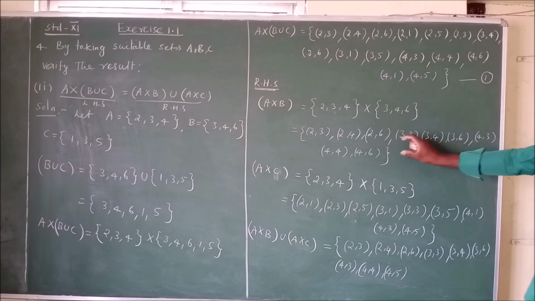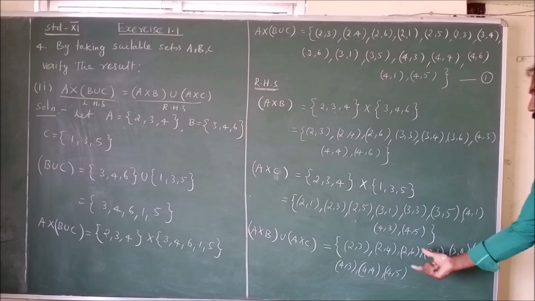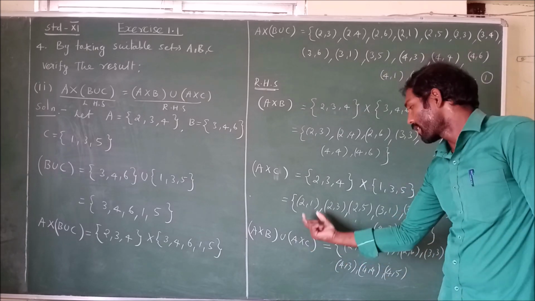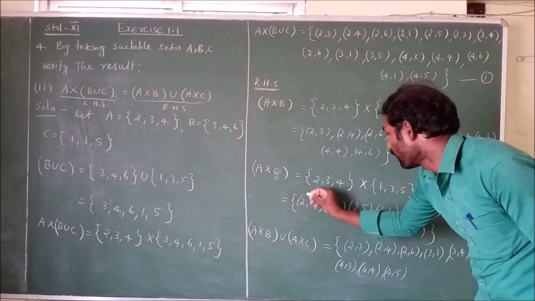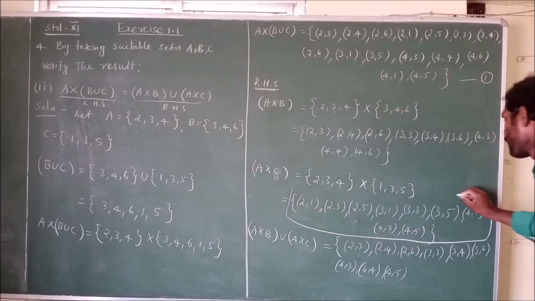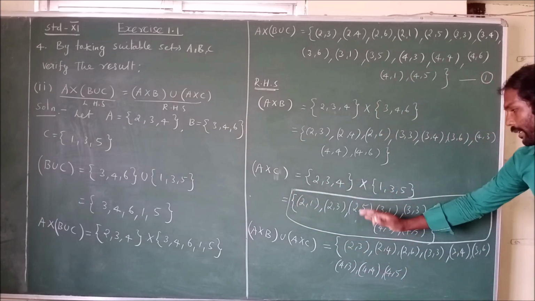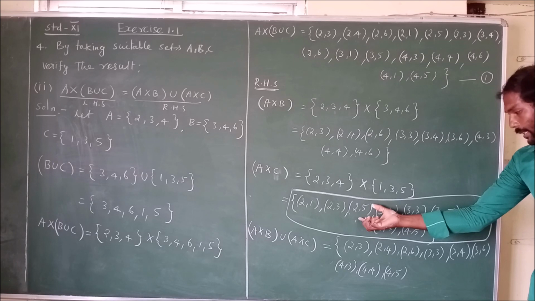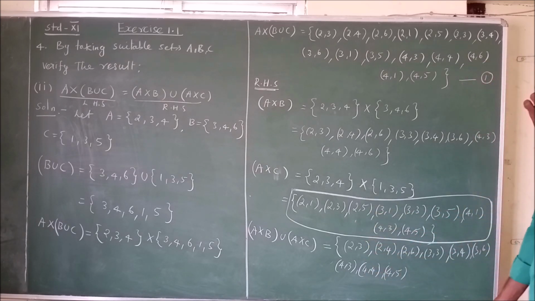First you have to write down the A cross B entries, then the union with the A cross C entries. Repeated terms that exist in both A cross C and A cross B are omitted.